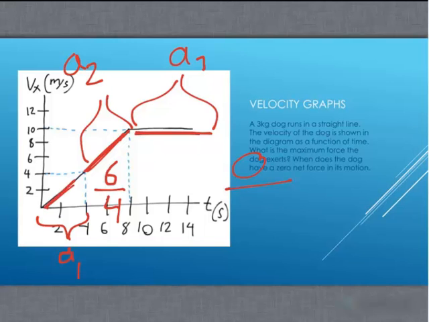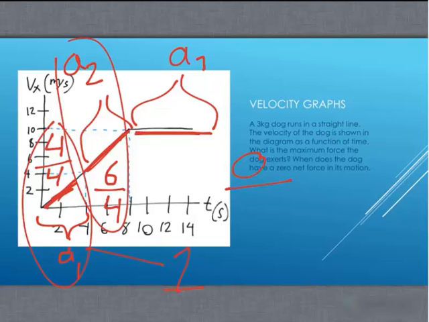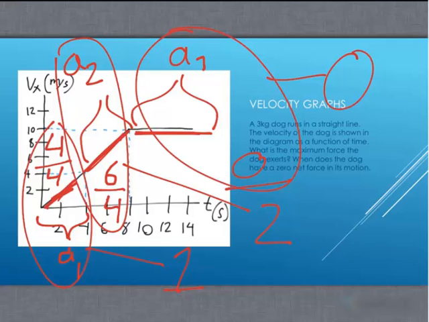For this first portion here, we have a rise of 4 and a run of 4. So that will give us the 1 that we found for this portion, the 1.5 we found for this portion, and the 0 that we found for this portion. Actually, this is 1.5, not 2. So that's just a quick look at how I found the accelerations.